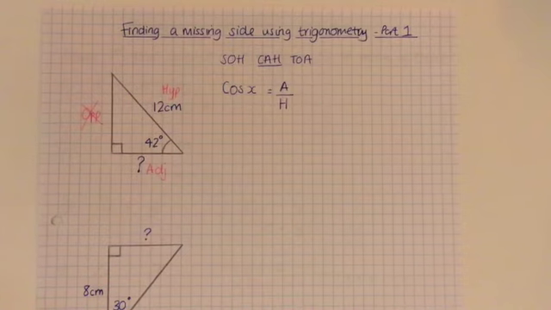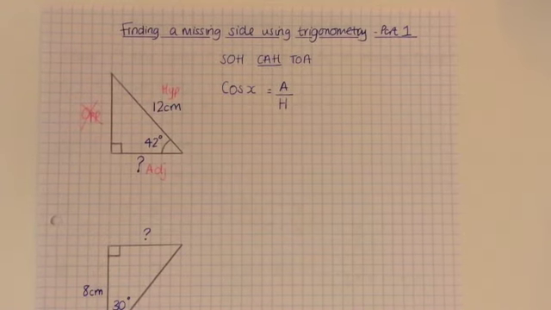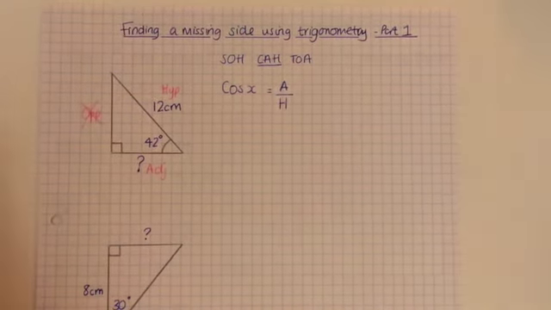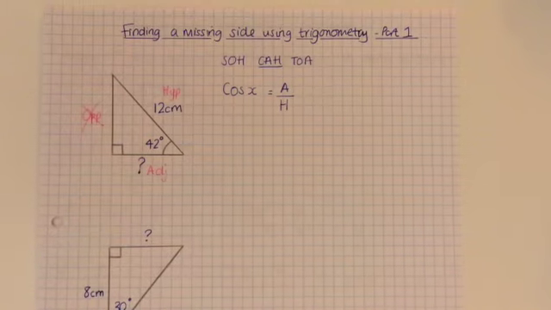Right, so what we need to do is put in the information that we know. Now this is where it's important, so I'm going to write this down for you.